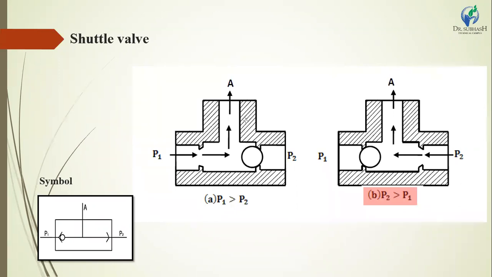At this time, the pressurized fluid enters from the P2 side and the ball moves from the right side to the left side and closes the P1 side port, and the oil passes from P2 to port A. This is the symbol of the shuttle valve: pressure P1 point, pressure P2 point, and this is the outlet A. This is the ball, and it works depending on the pressure difference between P1 and P2.